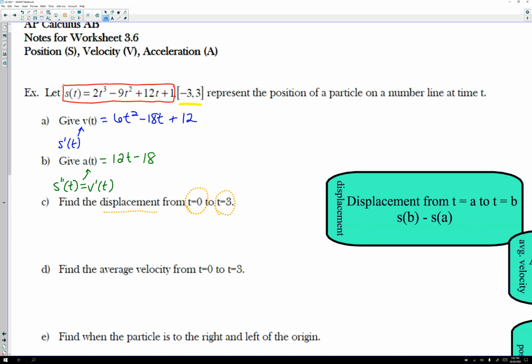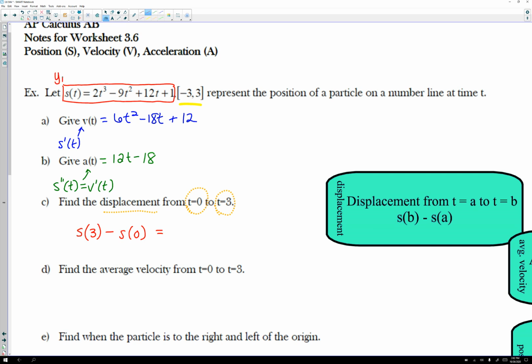So we are going to calculate S of 3 minus S of 0. I tried to open up my calculator on my computer and the license has expired, so I'm using my calculator right now. In my Y1, I've put my position function in.